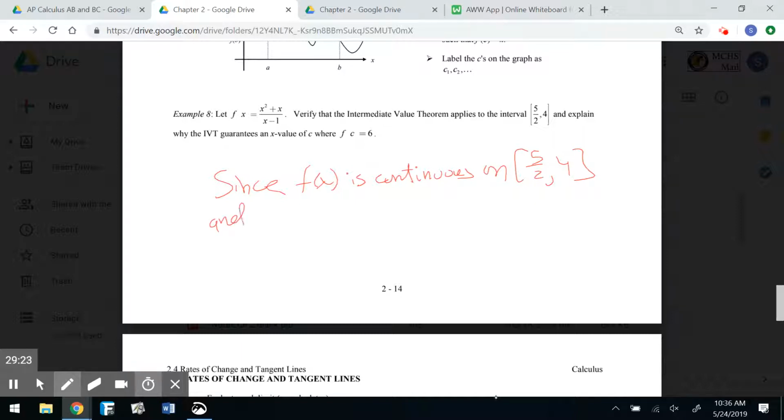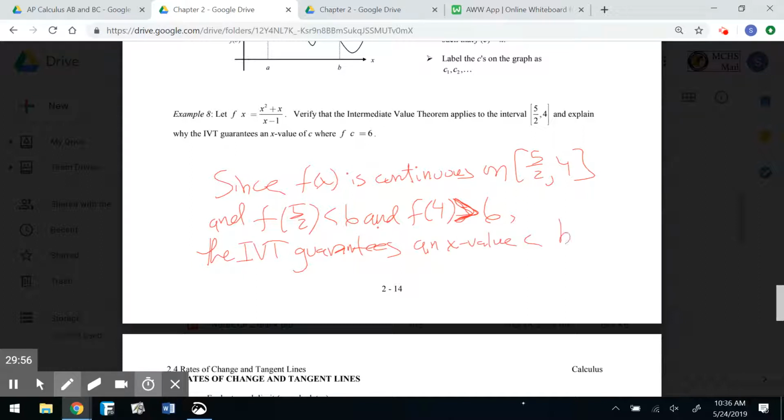and f of 5 halves is less than 6, and f of 4 is greater than 6, the IVT guarantees an x value, c, between 5 over 2 and 4, such that f of c has to equal 6.